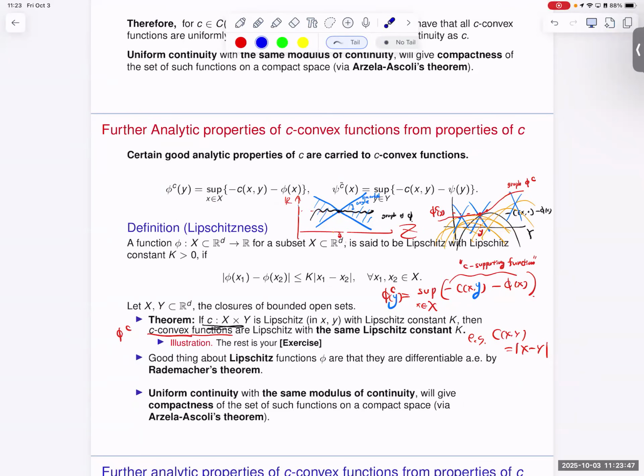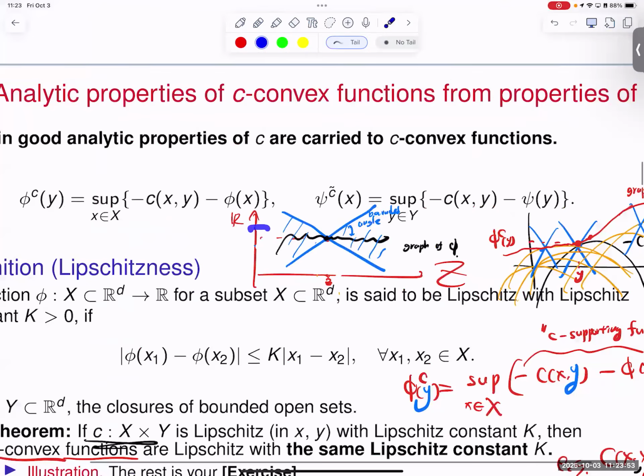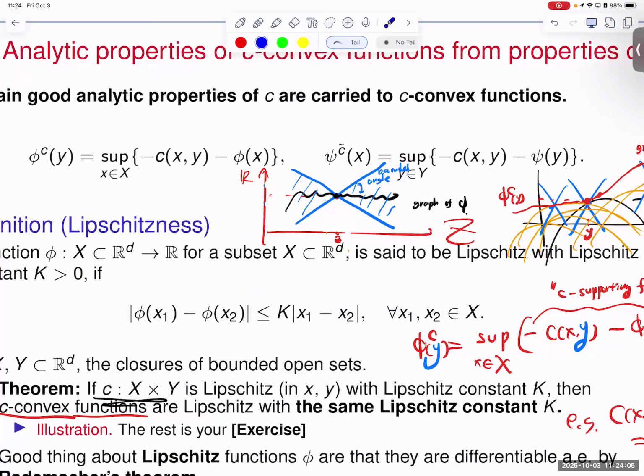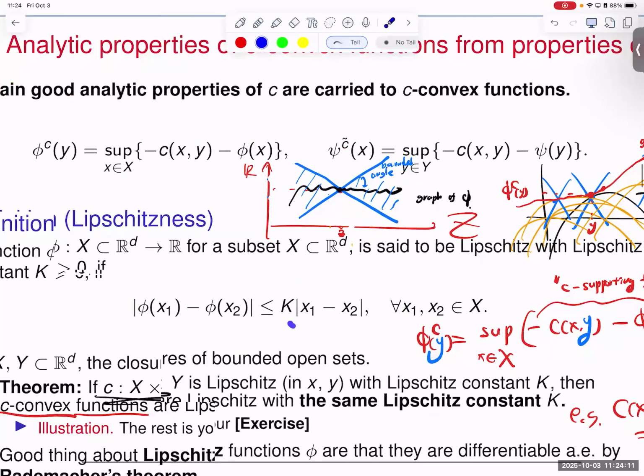Then Lipschitz functions are uniformly continuous, right? At each epsilon, you can find this window here giving this delta. Okay, so it's obvious that this expression just tells us that Lipschitz functions are continuous. I mean, it's even uniformly continuous.